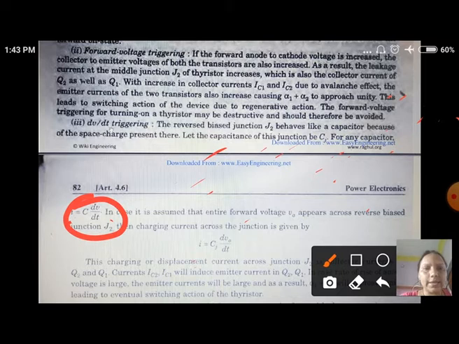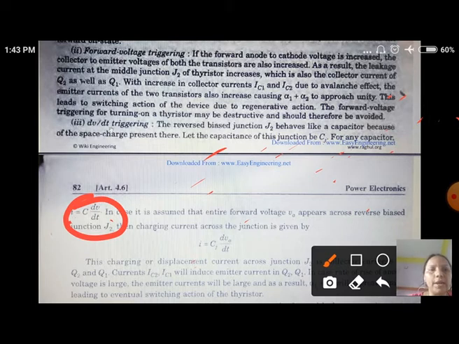So in this case, it is assumed that the entire forward voltage, that is VA, appears across the reverse bias junction J2. Already I told you in the dV by dt triggering method how the space charges appear across the junction J2, and how the junction J2 behaves like a capacitor.